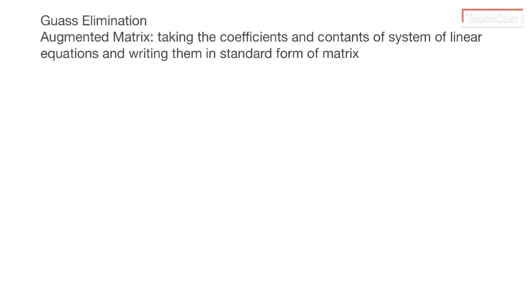So, for example, this is not an example we're working out. This is just more of a pictorial example of a system and an augmented matrix. So here's a linear system.